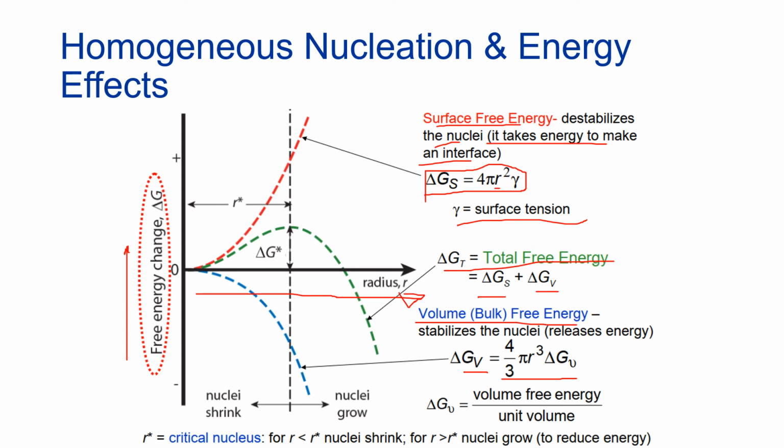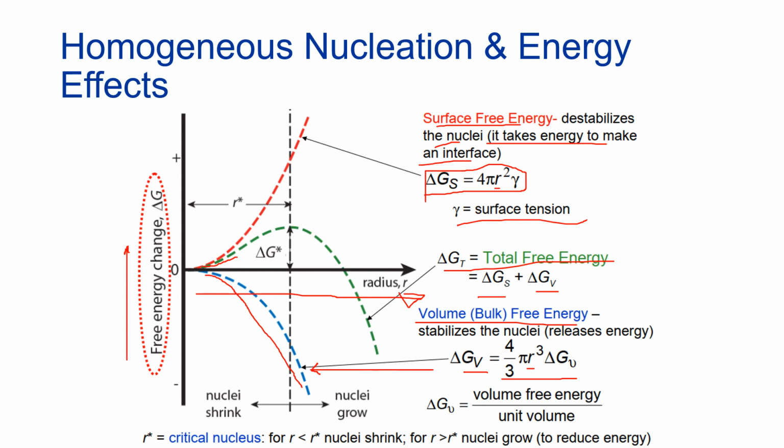So below this one, ΔGv is the effect. The blue line is the effect of volume bulk free energy, which varies with the cube of the radius of the nuclei, while the green line is the sum of the effects over the nucleus radius.